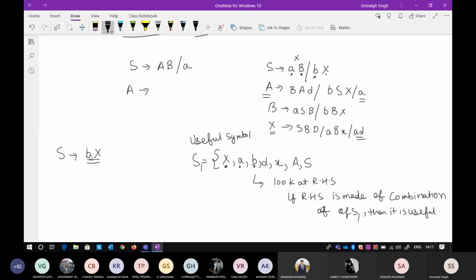What is the definition of a useful symbol? Anything that is deriving a terminal or another useful symbol.